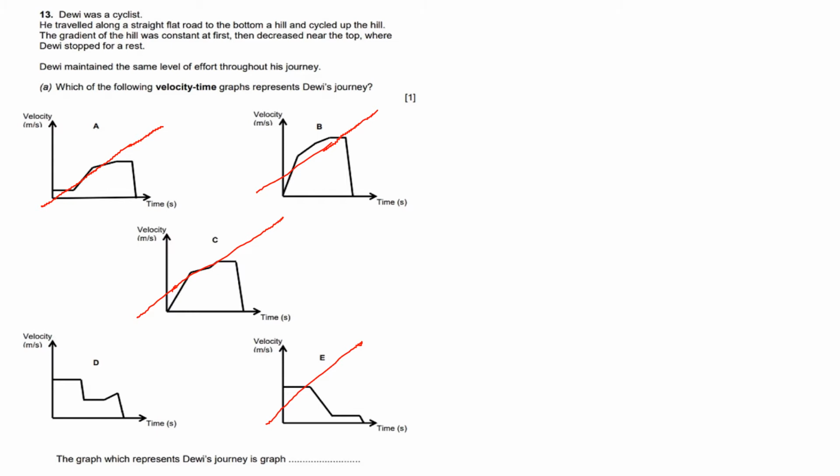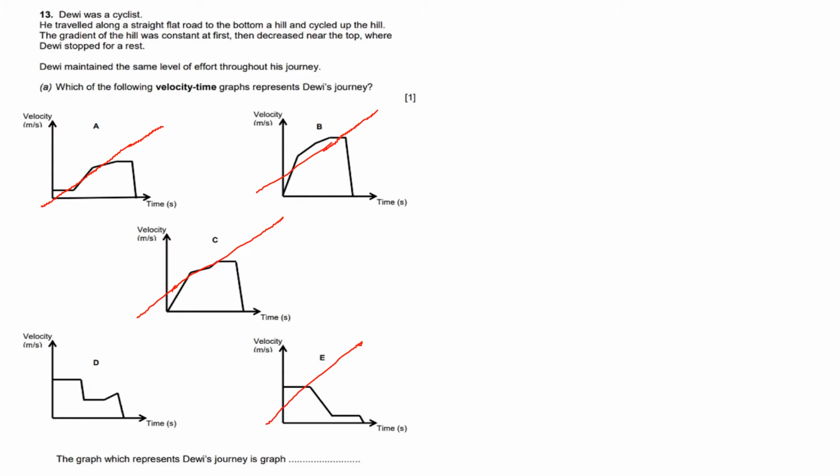So as we can see, this first section here is the flat section. Then as soon as he hits the bottom of the hill, he's got to go up this really steep gradient. So he's going to decelerate quite quickly. And then we'll have this flat section where he's going up the constant gradient at a constant velocity.